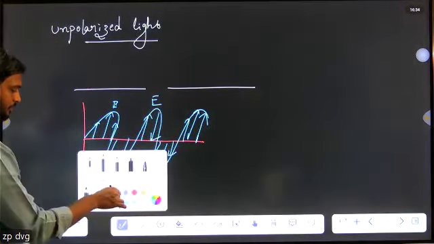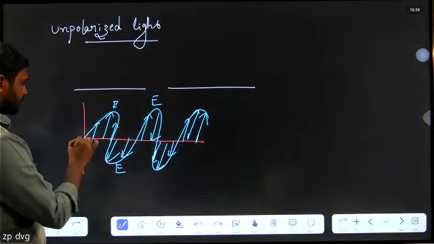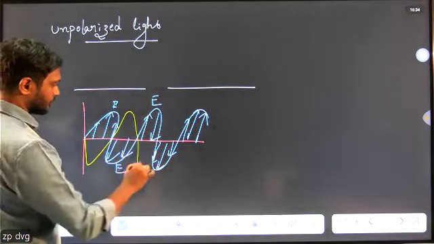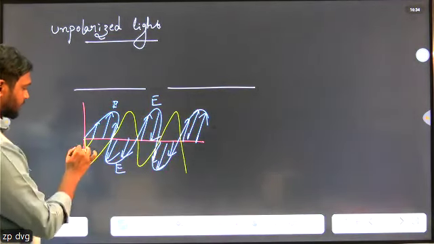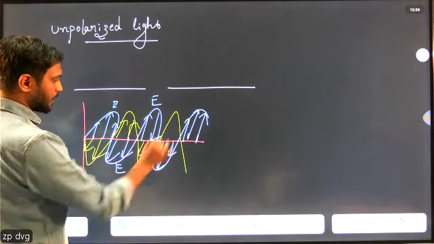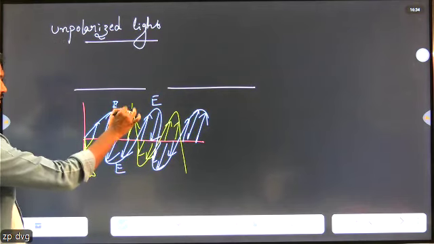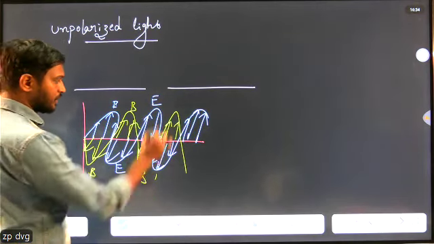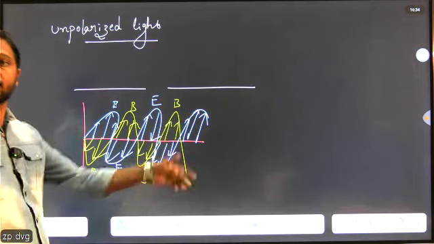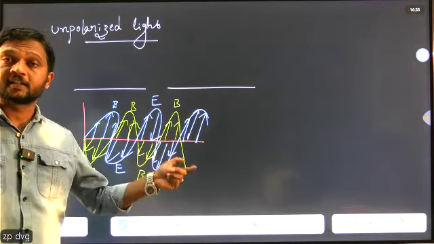And this one is the magnetic field. See, these two are mutually perpendicular to each other. This one is magnetic field, like that. These two are mutually perpendicular to each other.